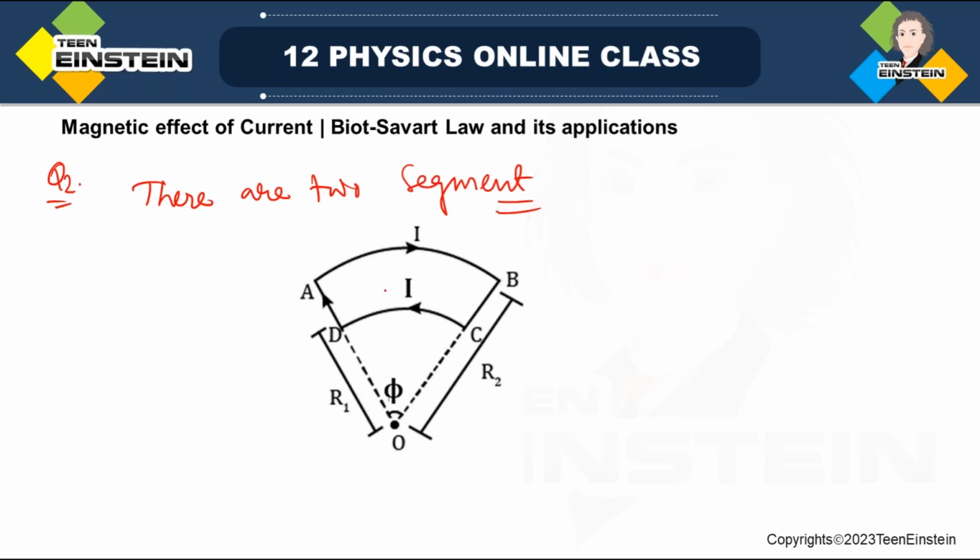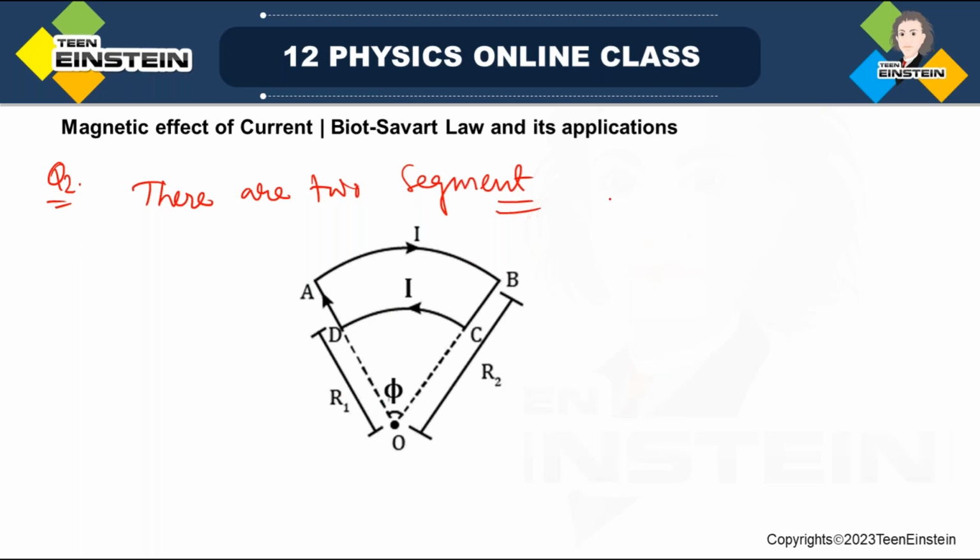In this case, there are two circular arcs, one of radius r2 and another of radius r1. I have to find the magnetic field at the point O due to both the segments. So how do we get that?